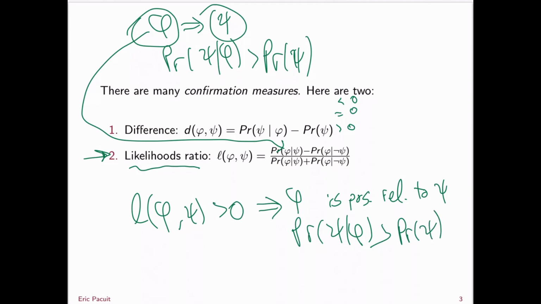We should verify that this is true to make sure that we understand how these likelihood ratios work. If L of phi psi is greater than 0, then in fact we can derive that the probability of psi given phi is greater than the probability of psi. You might want to pause the video for a second and try to justify this to yourself. If you know L of phi psi is greater than 0, can you derive the fact that phi is positively relevant to psi?